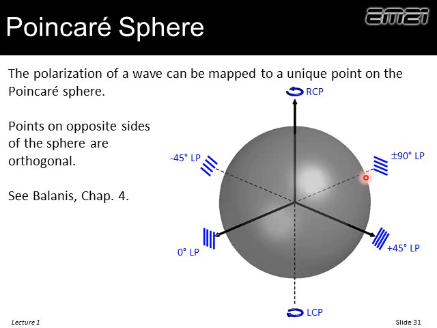It's a little less obvious if we have an elliptical polarization, but we can map that on the sphere and easily see the other polarization we're considering, and if they're on opposite sides or close to it, they won't produce interference. So the Poincaré sphere is just a nice graphical way of plotting polarization, and we can see some interesting things. It becomes very intuitive what's orthogonal.